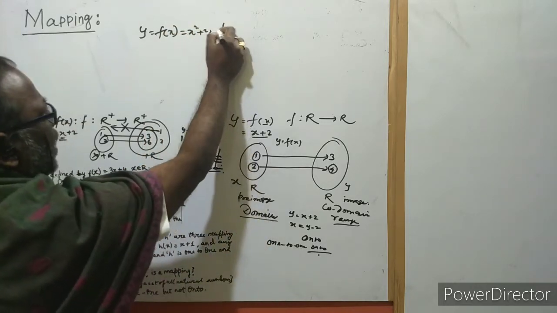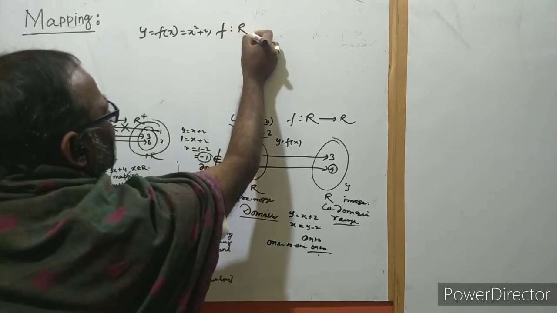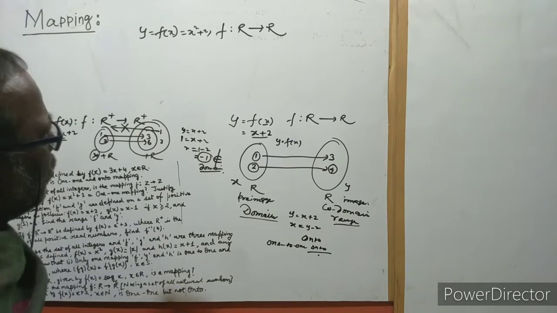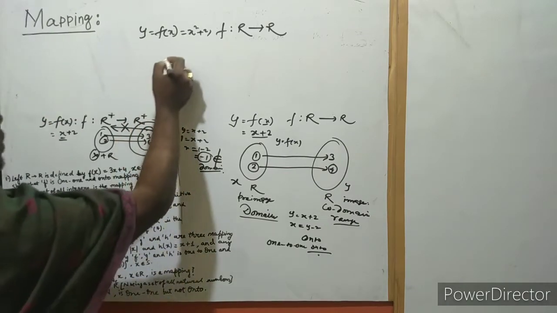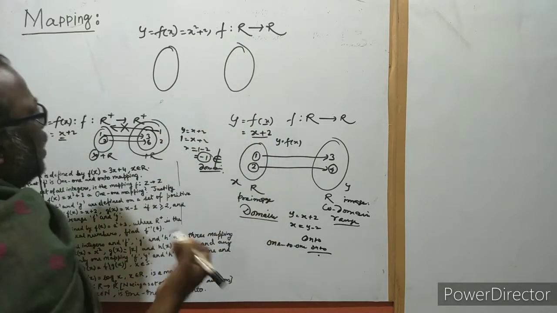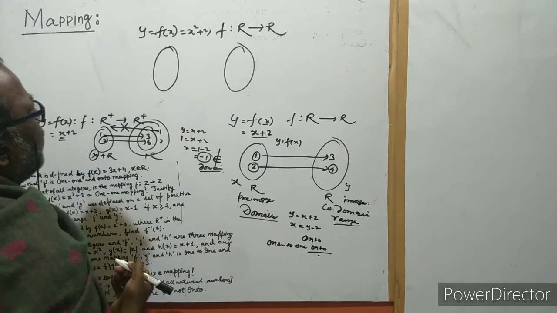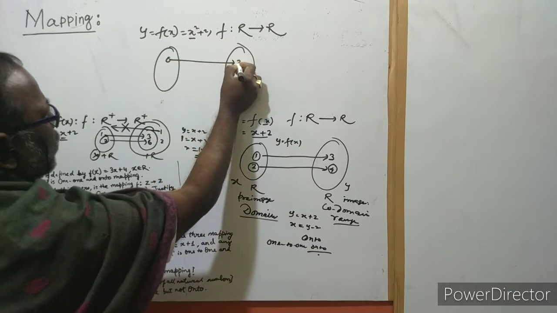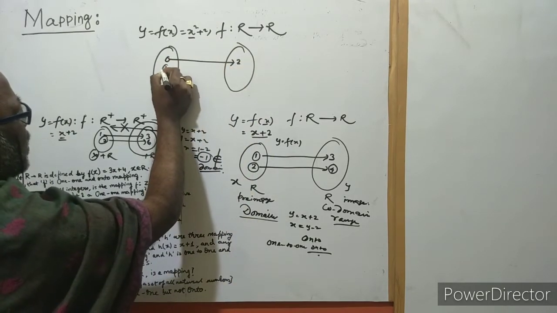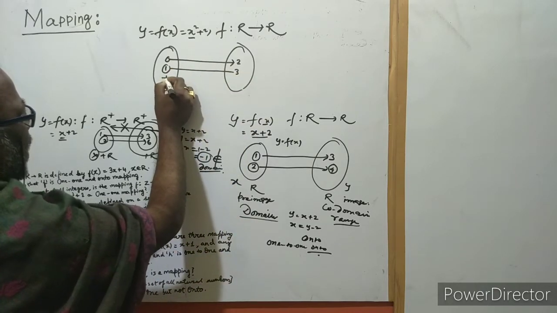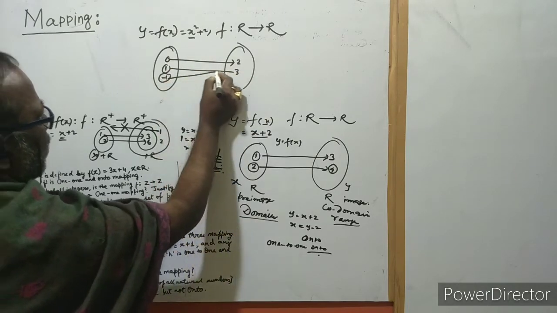Okay, and this maps real numbers to real numbers. So in that case, this is your domain and this is your codomain. If you put here 0, then you get here 2. If we put here 1, then what do we get? We get here 3. If we put here minus 1, then we get here also 3.